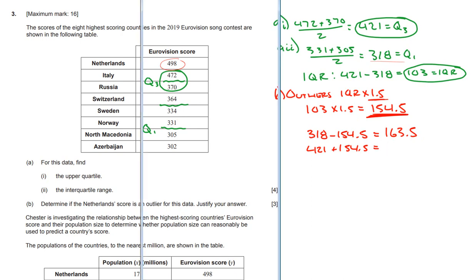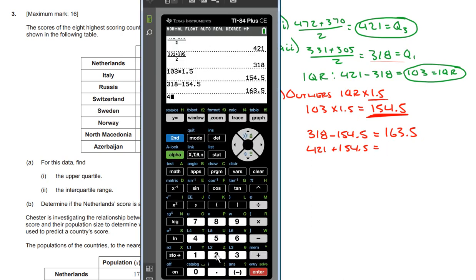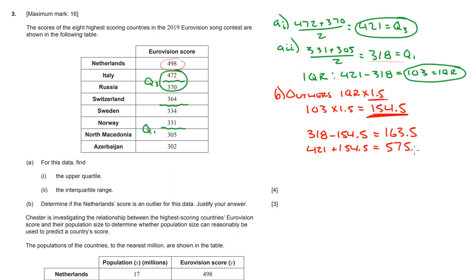So what we really wanted to do is 421 plus 154.5. And this is 575.5. Anything above 575.5 would be an outlier. 498 is not above 575, so Netherlands is not an outlier.